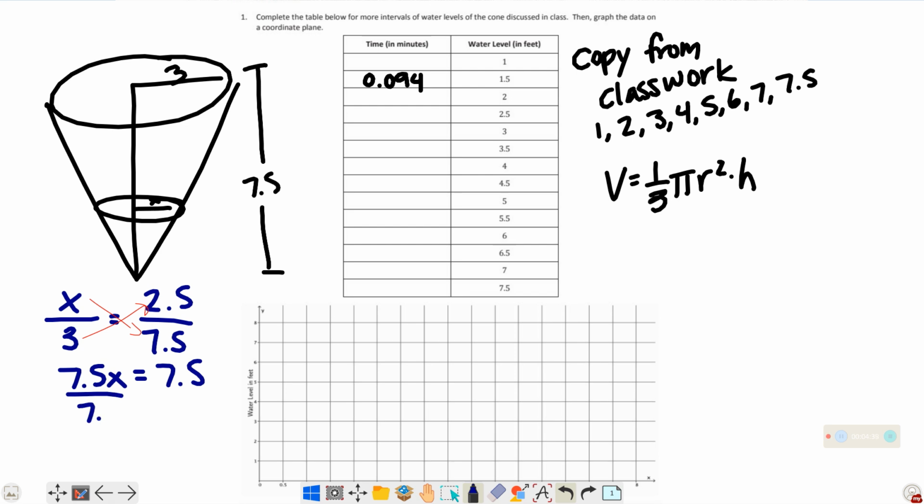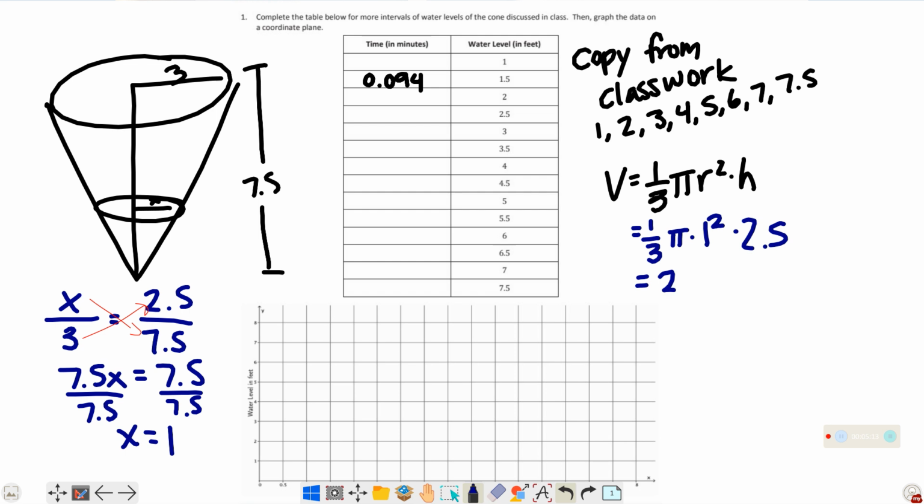When we divide by 7.5 on both sides, we see that x is equal to 1. That is our radius. So we're going to use 1/3 pi times 1 squared, and our height that we used was 2.5. In our calculator, 1 squared, 1 times 1, times 2.5 for the height, times 3.14 for the pi, and then divide by 3 for the 1/3.